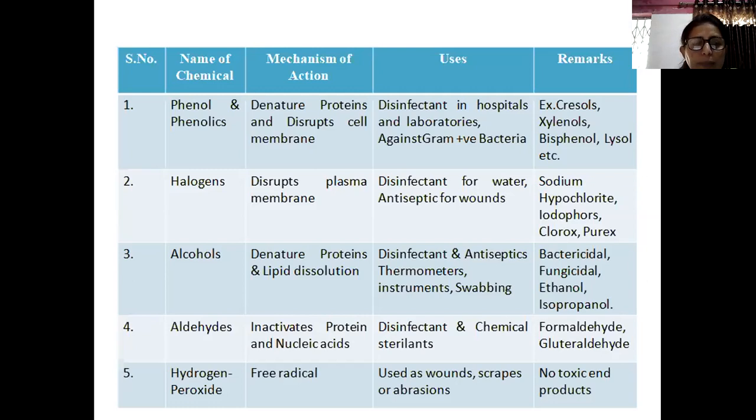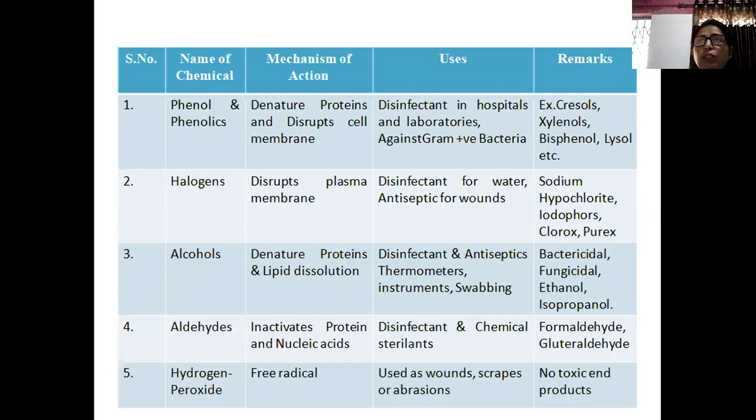Third type of chemicals is the alcohols. They denature the proteins and they cause the lipid dissolution. They are used as disinfectant and antiseptics in hospitals and in daily routine also for disinfecting the thermometers, instruments, and for swabbing when injection is being given.